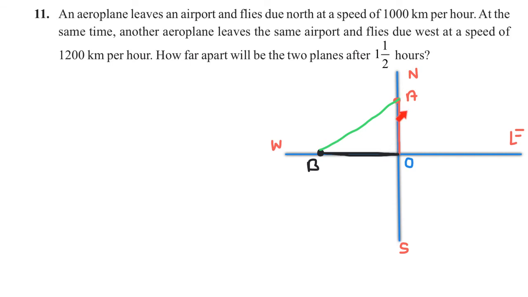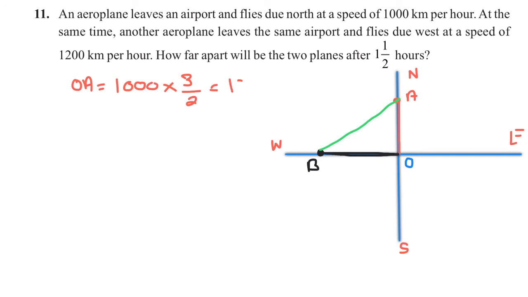How will you calculate the distance? It's nothing but speed times time. So OA is going to be the speed, 1000, times time, 1.5 hours. 1.5 is nothing but 3/2, and that is going to be 1500 kilometers.